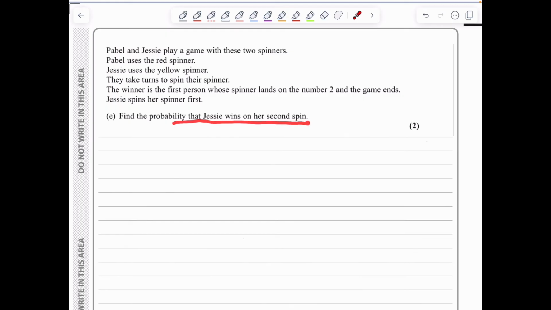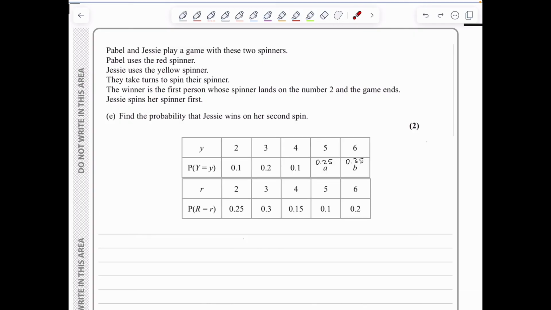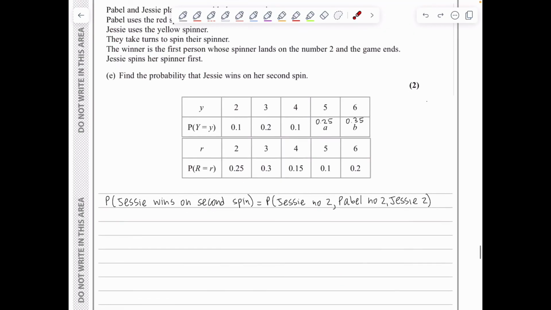Well, I will start by reminding us of the distributions for Y and R, the yellow and the red spinner. And we've got that the probability that Jesse wins on her second spin means that she took the first spin, she did not win. Then Pavel took their turn, they did not win, and then Jesse won by getting the number 2. So that means that we had a no 2 for Jesse, a no 2 for Pavel, and then a 2 for Jesse.